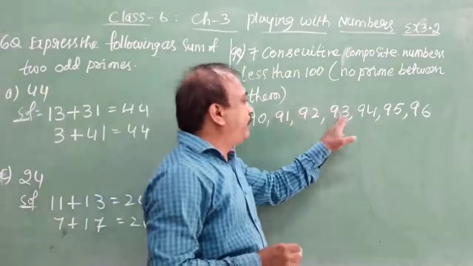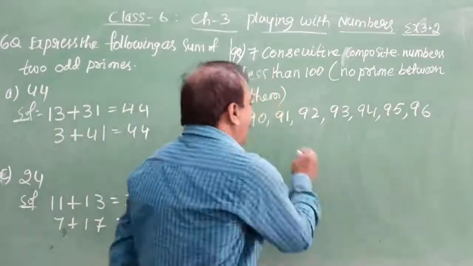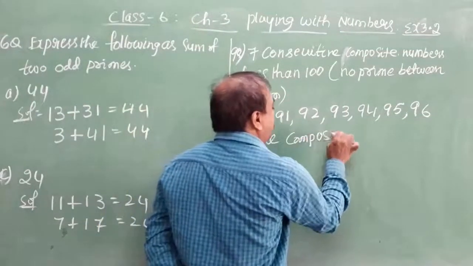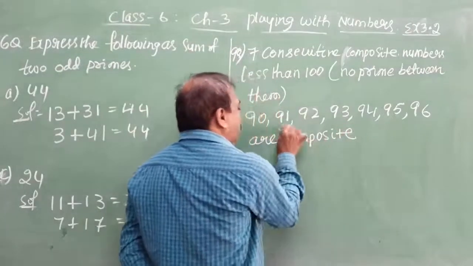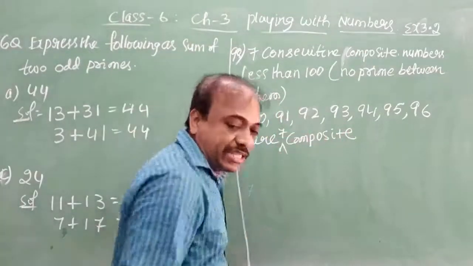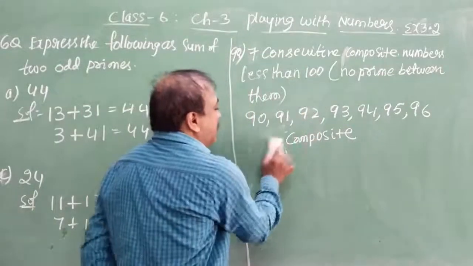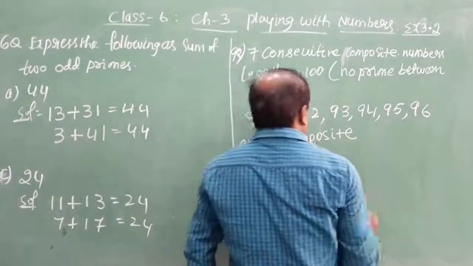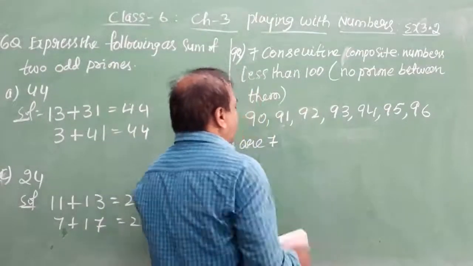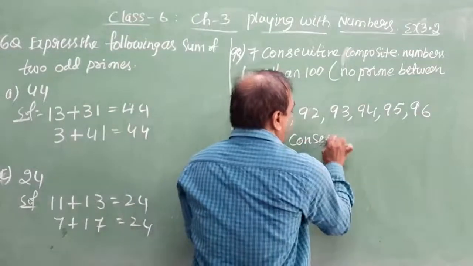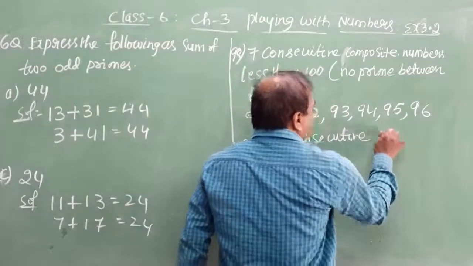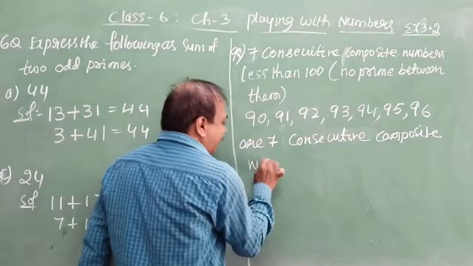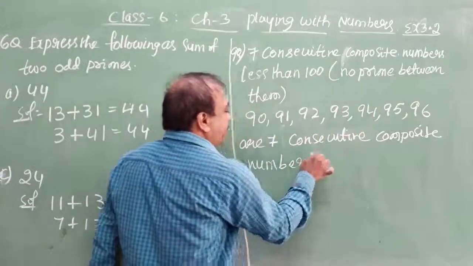These are 7 consecutive composite numbers less than 100.